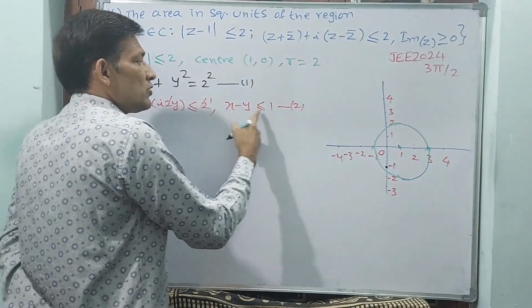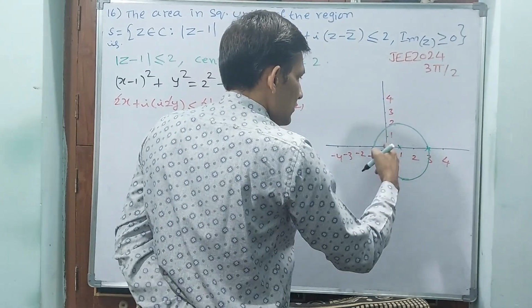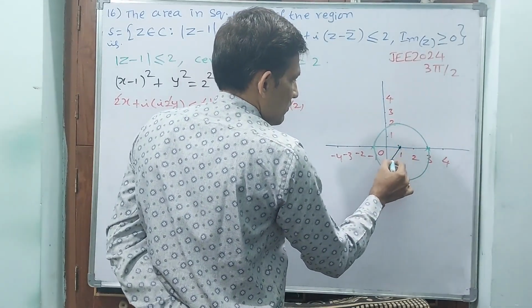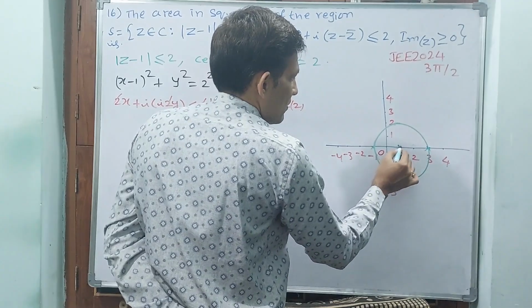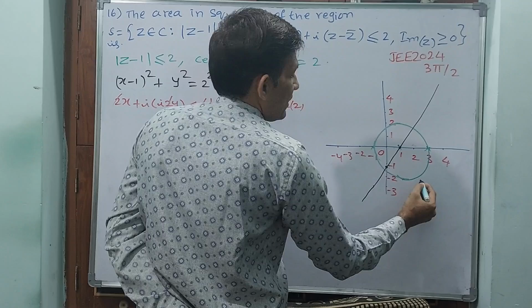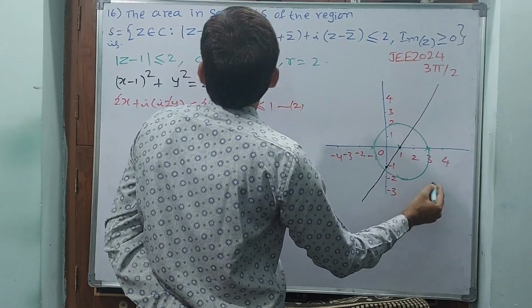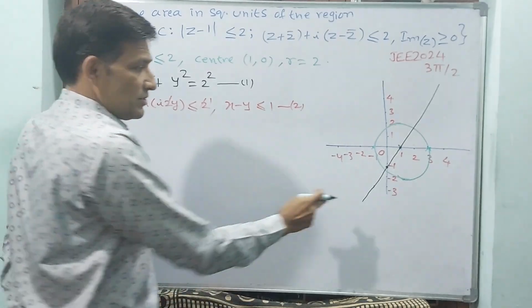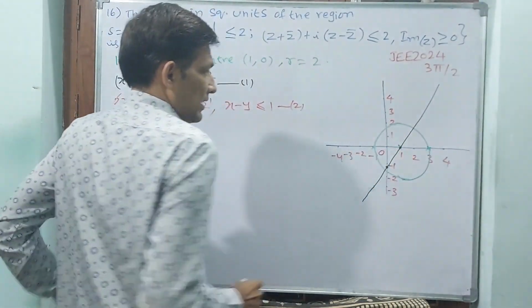When y is equal to 0, x is equal to 1. This point. First of all, join these 2 points like this. They have not given anything, that is why I am not writing anything. See, this is the line. This is the circle.